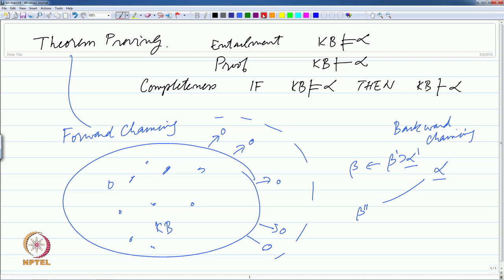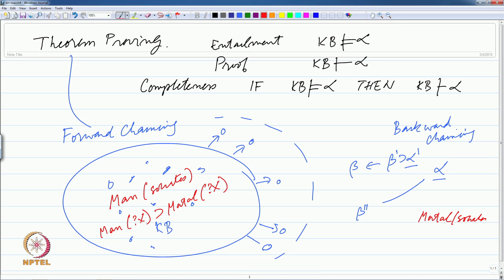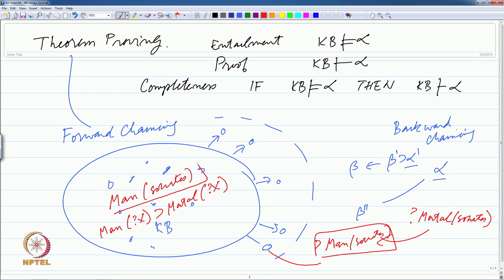So, our example was you have man Socrates, and man x implies mortal x, and the query was mortal, let us say, Socrates. So, in backward chaining you reduce this to a sub query man Socrates, and this formula will match this formula here.